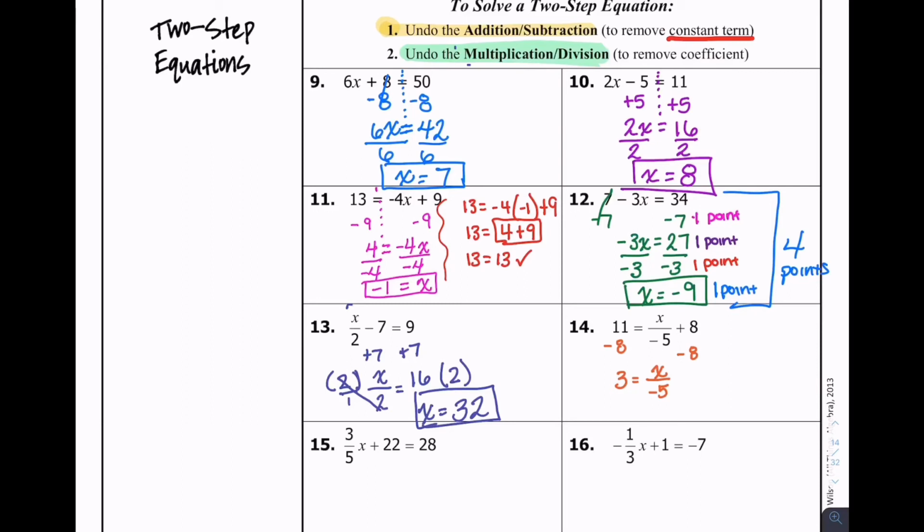That's how you're going to get it. So to undo division, and I know it's division because right here I see a fraction bar, I'm going to multiply, and I'm multiplying by -5, not just 5. So x is going to equal -15.